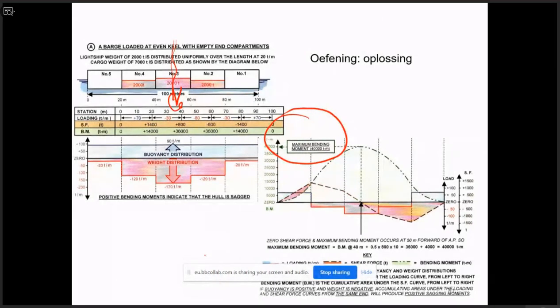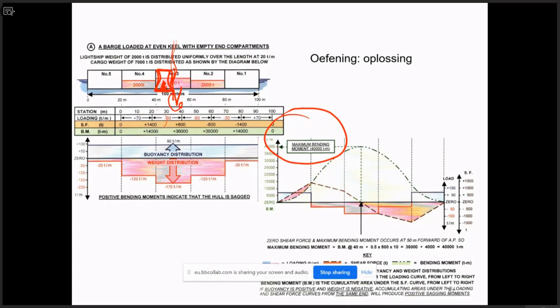Which implies, for that cargo hold number 3, you only have to take into account half of the cargo, half of the light ship, half of the buoyancy force taking place here at 1/4 of the length of the beam, meaning in this case at 5 meters from you.